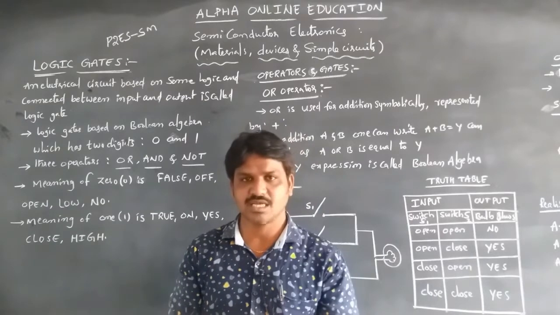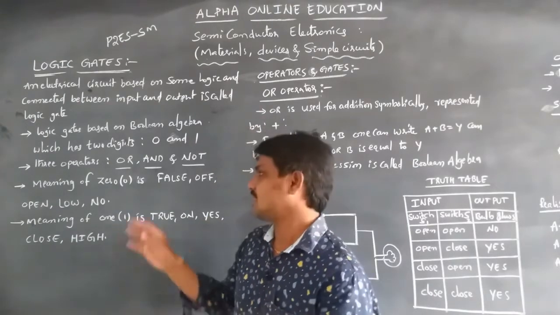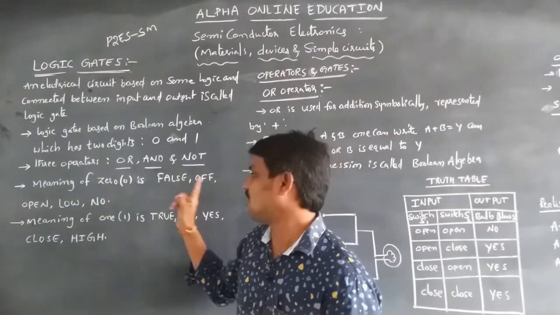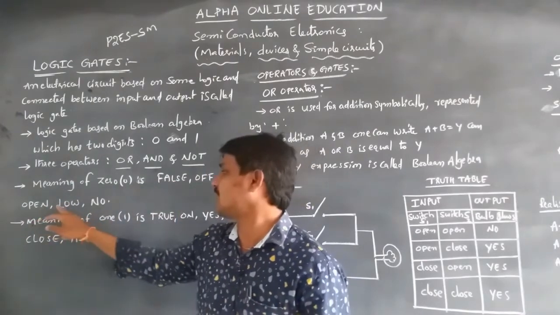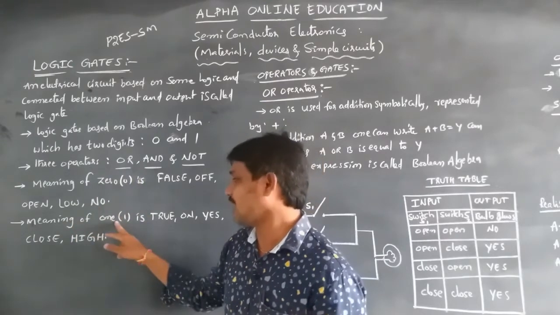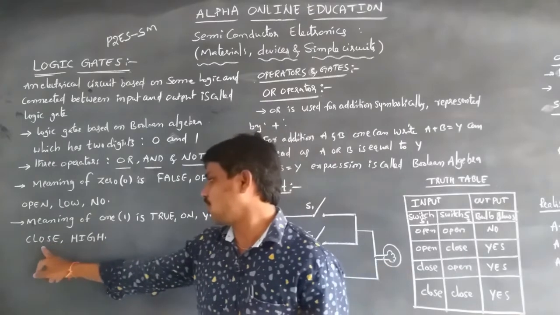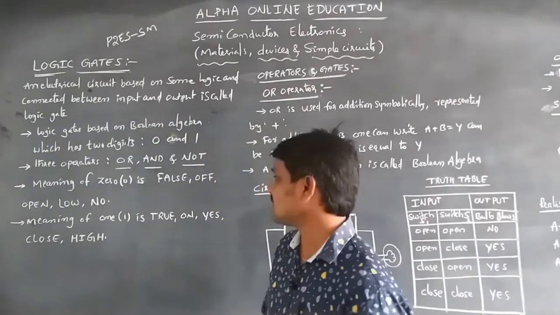By using these we can construct the gates. The meaning of 1 is true, on, yes, close, high.